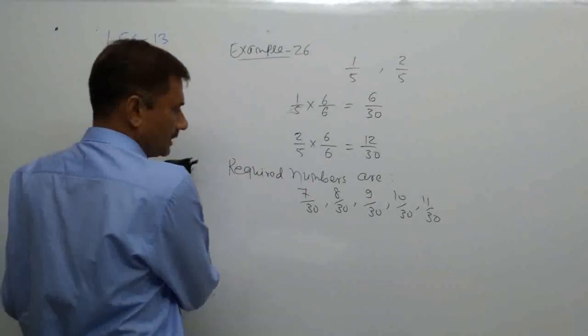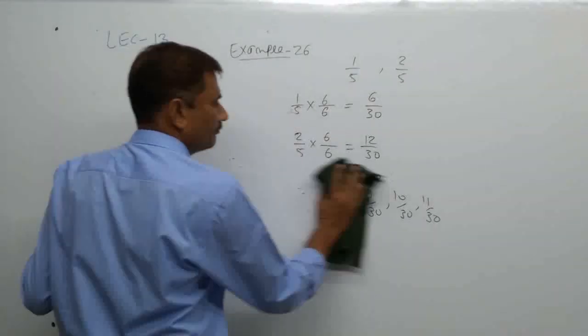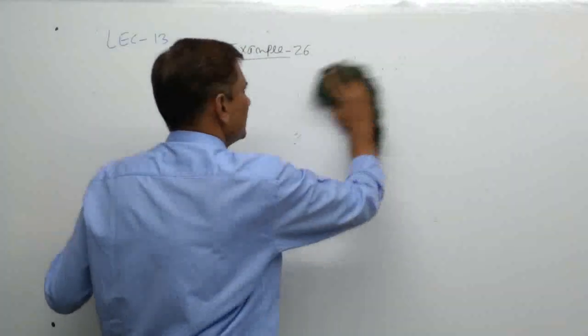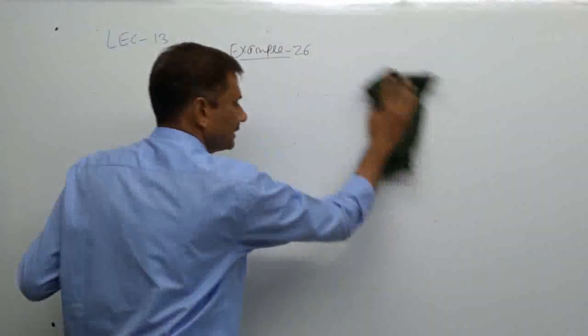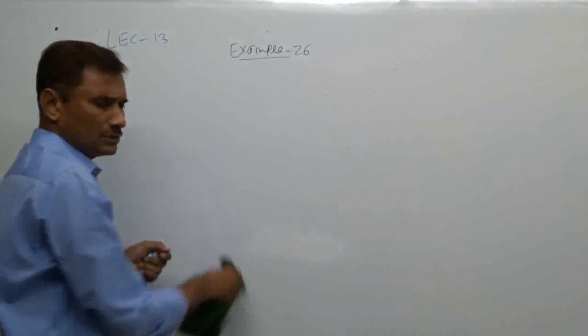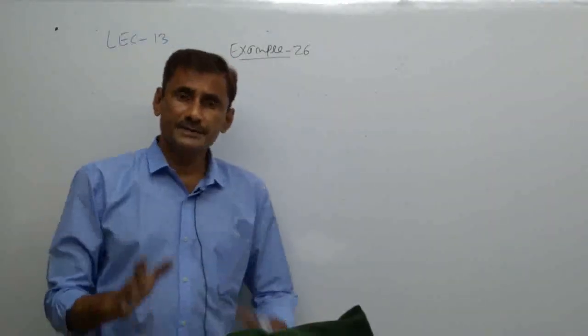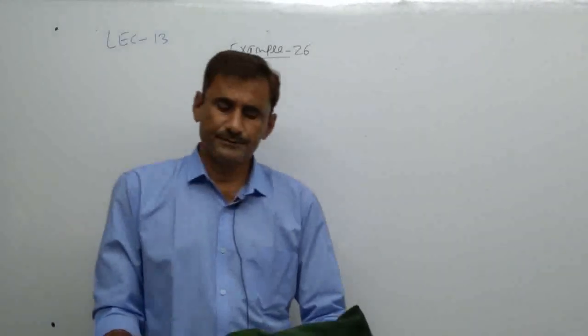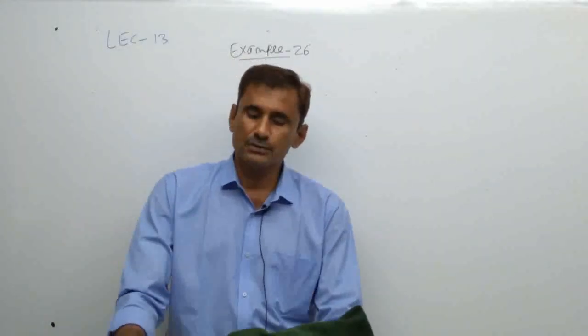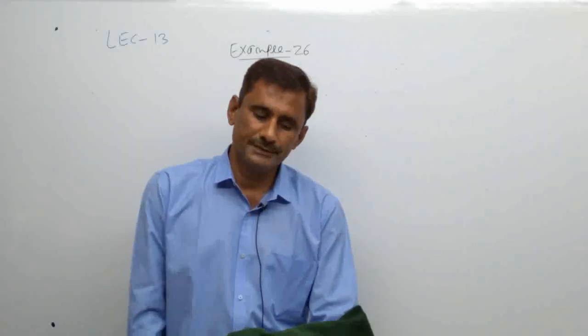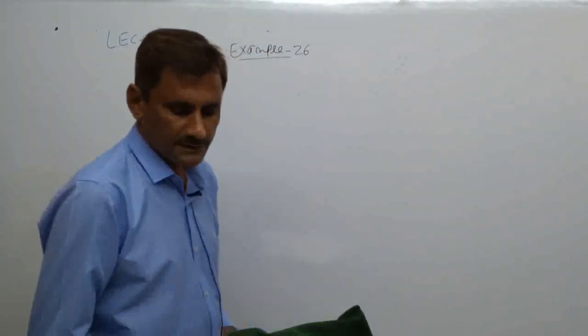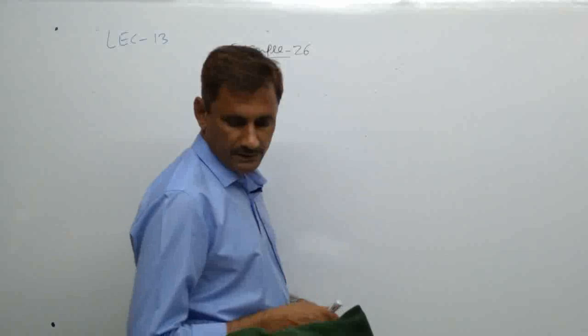Actually, so far we solved both sums by the first method only, making the denominator equal. There is a second method also, and that is taking the average of both numbers. Suppose I want to solve this same example again.